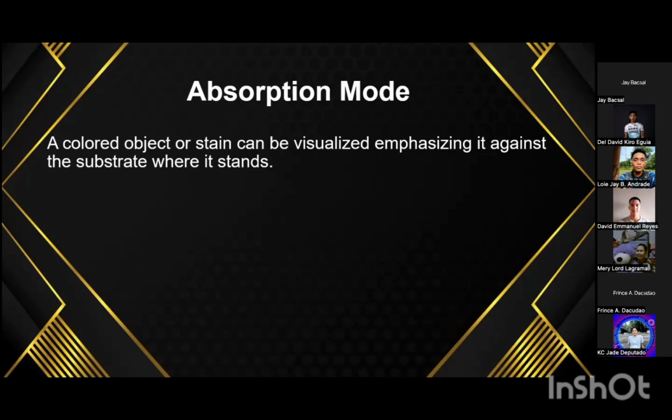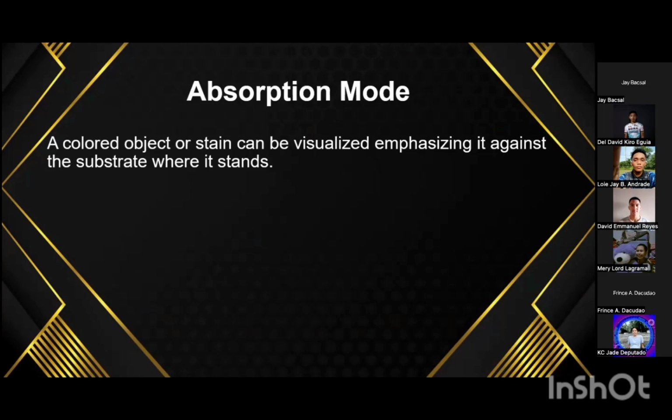The color of light to shine on the surface must be complementary to the color of the trace and as close as possible to that of the substrate.